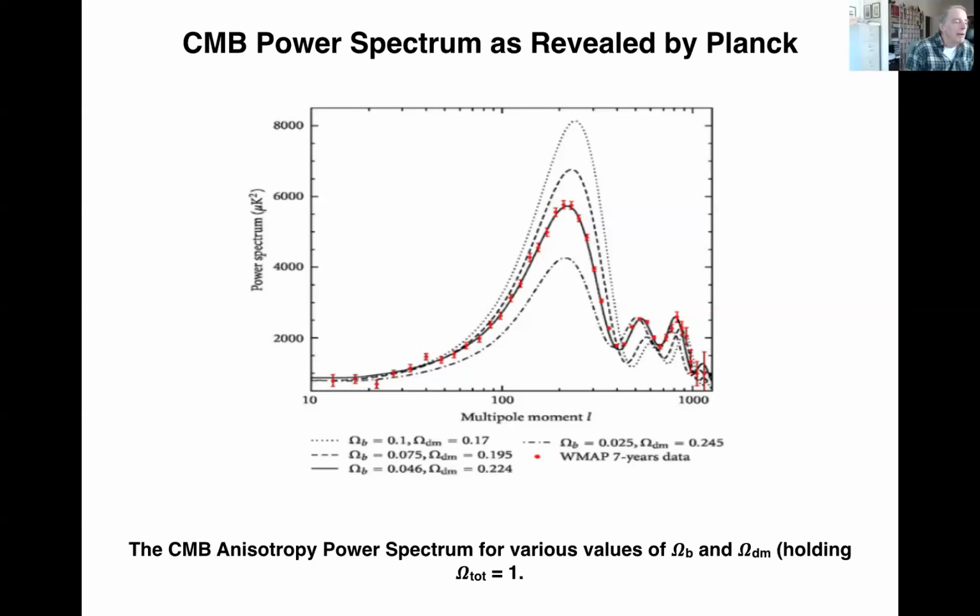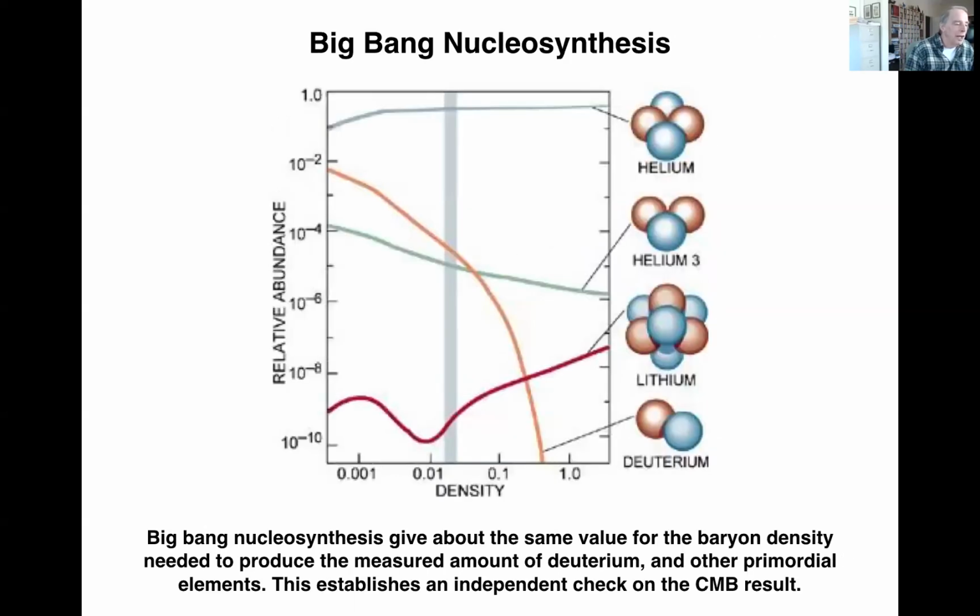Some of these parameters, like the baryon density in the universe, have independent checks. Here's one of them. With Big Bang nucleosynthesis, that orange line, which is steeply descending from left to right, is the deuterium abundance you produce, depending on the baryon density in the universe. The scale on the bottom is the baryon density.